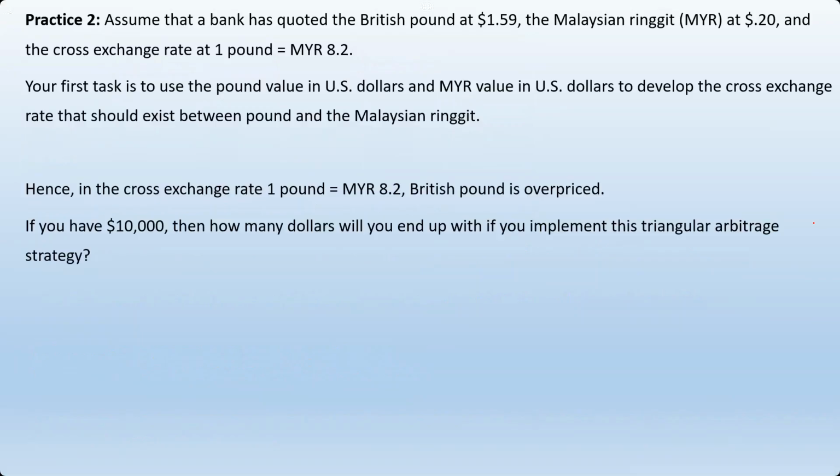Assume that the bank has quoted the British pound at 1.59, the Malaysian ringgit rate is 0.2, and the cross exchange rate is 1 pound equals 8.2 ringgit. Can you first find the implied cross exchange rate? Please do the practice. Otherwise, I'm going to invite you to sing a song in the front. Do the first one: find the cross exchange rate using two direct quotations.